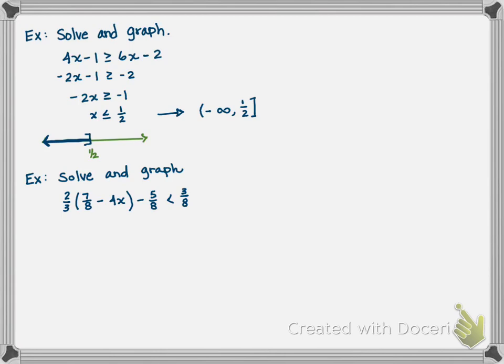So I see fractions, which makes me think of clearing fractions. But when you also have parentheses, you want to think about whether it makes more sense to clear fractions first or to distribute first.